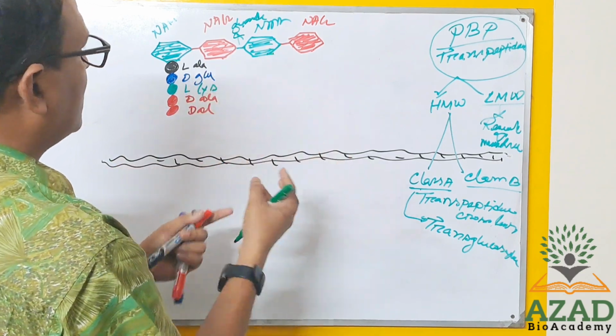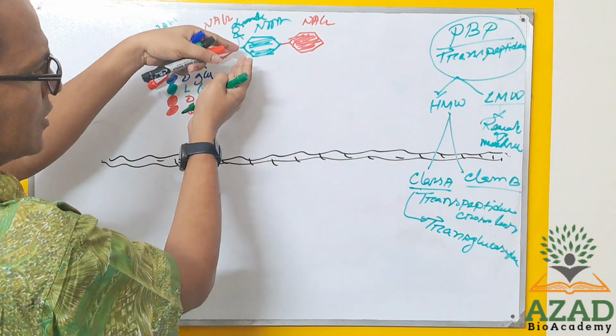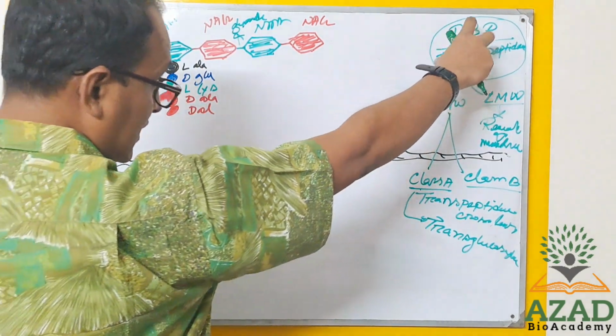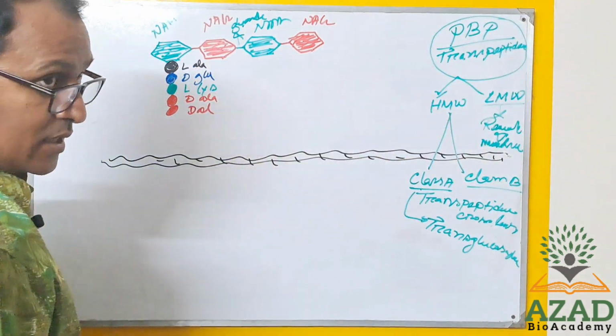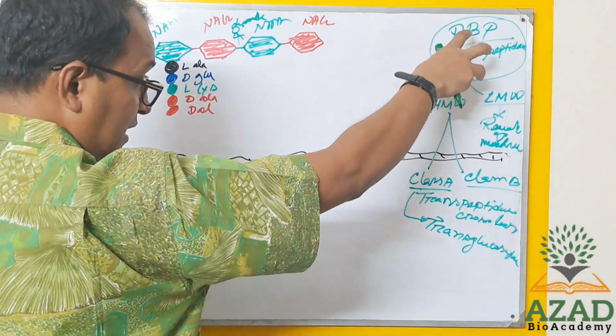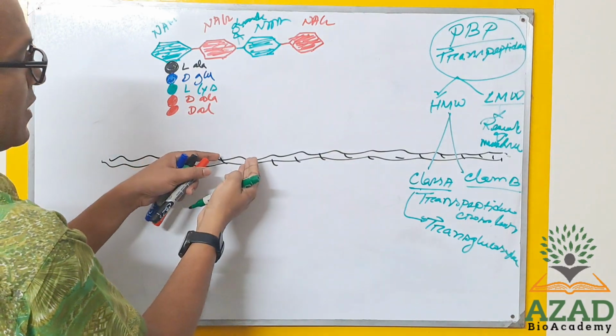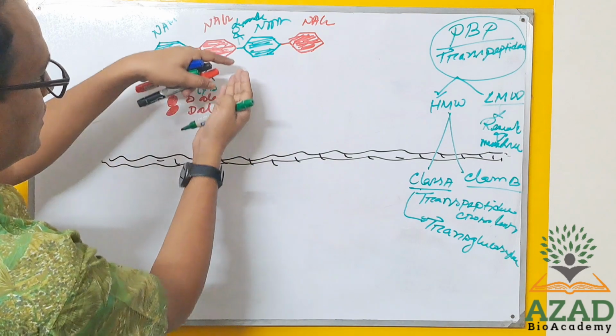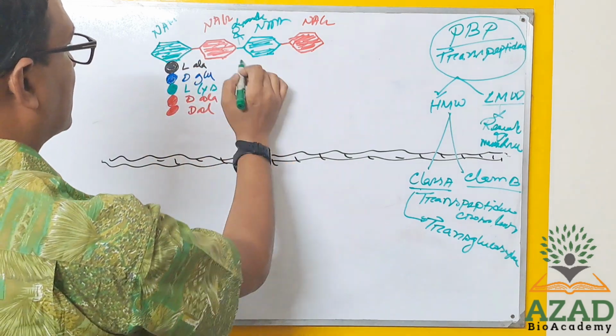And if you think it is happening here outside of the membrane, where will the enzyme be? Actually, this enzyme, the penicillin binding protein, that is the transpeptidase enzyme, is basically attached to the membrane, and it will work from here to there. That means it has a connection.